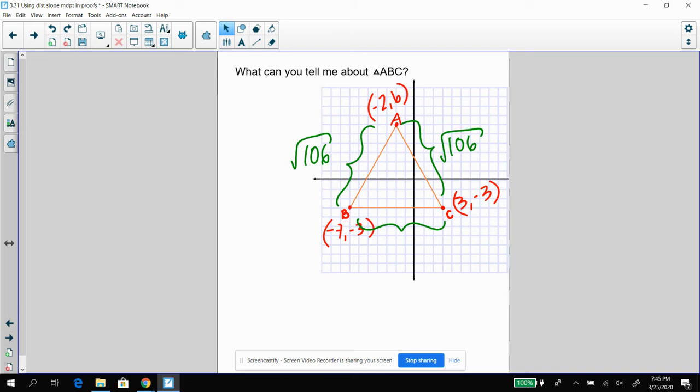And this little puppy is 1, 2, 3, 4, 5, 6, 7, 8, 9, 10 units long. Awesome. So, what do you know about this triangle? Well, I know that it's going to be isosceles. You've just proven that it's isosceles because two side lengths are congruent to each other.